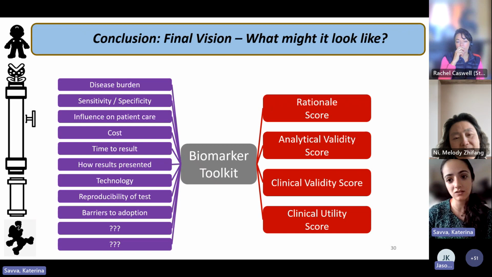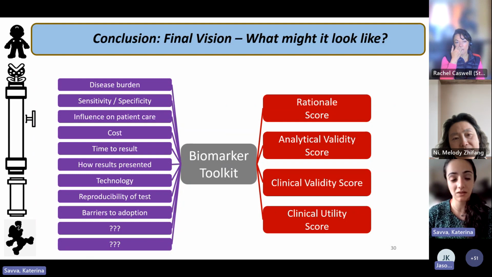So our final vision is to have an application with different characteristics inserted into it. And these characteristics will generate scores for the different categories at different stages of biomarker development. And each score will reflect the ability of a biomarker to be clinically used and can also be used to identify any possible gaps during research, in order to promote a trajectory of biomarker development that will assist in their clinical implementation.